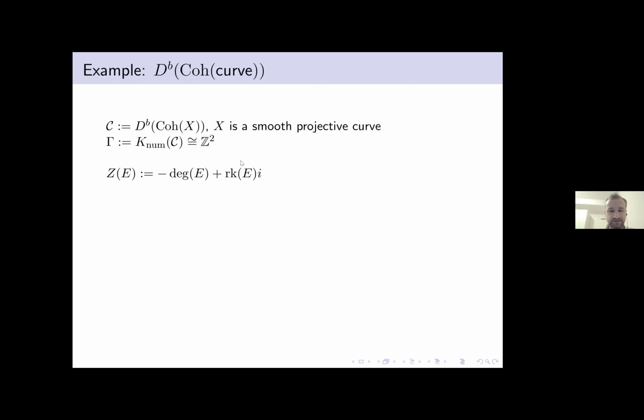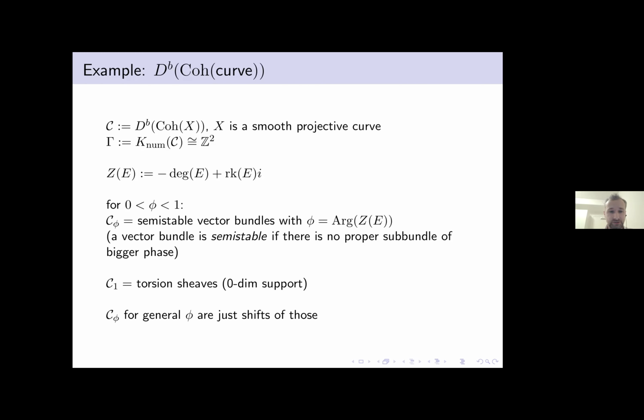The central charge is given by combining degree and rank, so that the phase of that central charge will correspond to essentially the slope of the object E. What people did before Bridgeland stability was just look at degree over rank, and that was called the slope, and that's now encoded in terms of the angle.